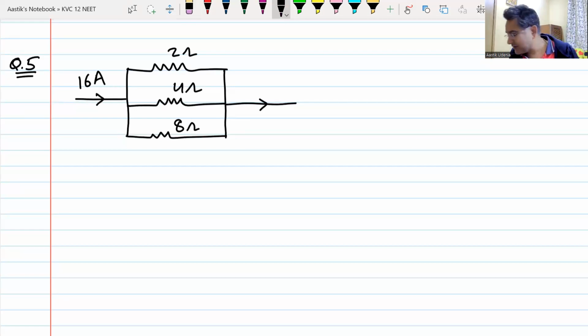I have 16 amperes of current, and I have 3 branches, 2, 4, and 8 ohms. Can you now find out how much will be the current in each branch? I'll give you 2 minutes to do this.